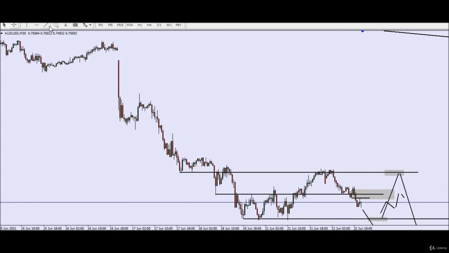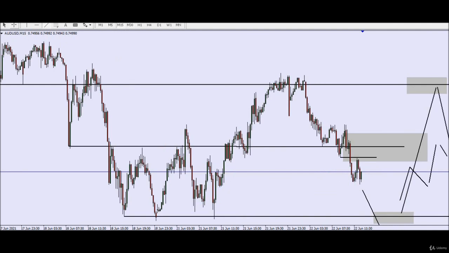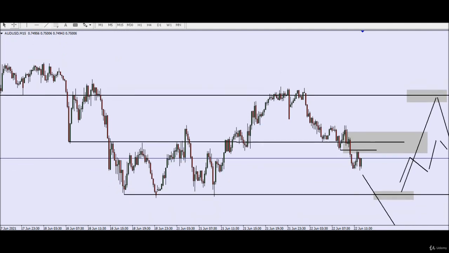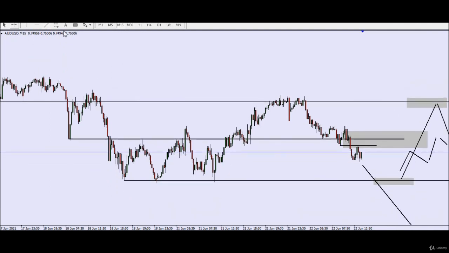But if you want to be sure, after the break you can wait for a retest, and after a good signal you can trade this.